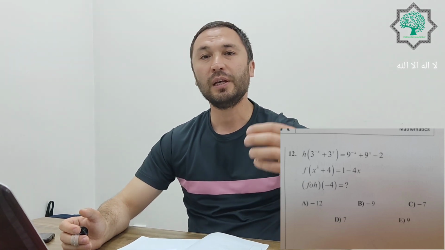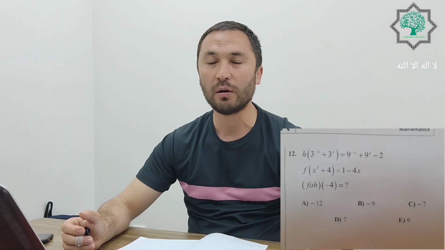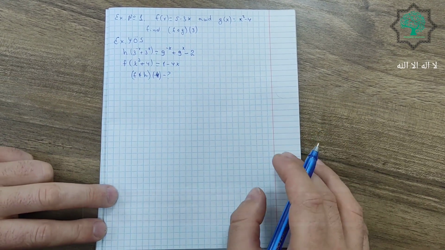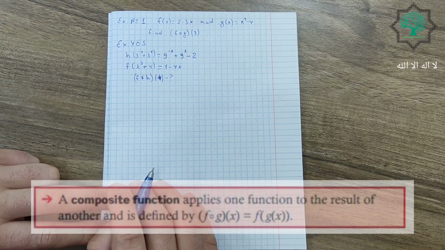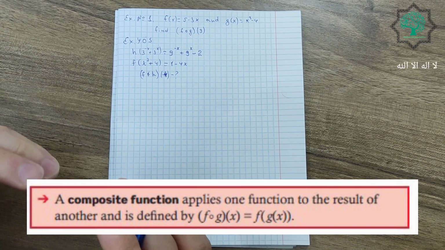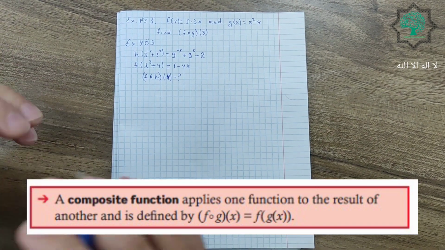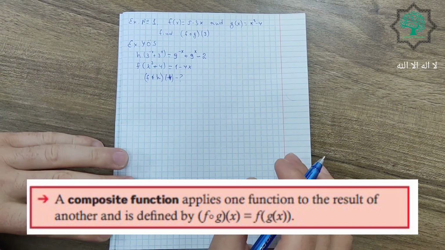Let me repeat once again and refresh your knowledge about composite functions, and then show you the solution of this problem. Are you agree? In this case, let's go, be with me until the end. As you remember, my friends, a composite function is a combination of two functions. You apply one function to the result of another.